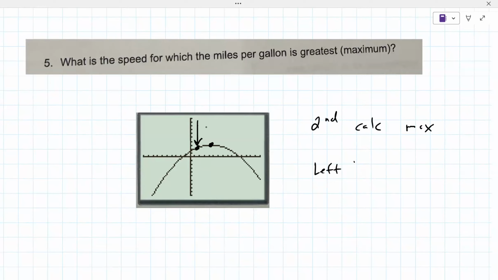Somewhat far away, not too far. You're gonna hit enter. Then it's gonna ask you for the right bound. Make sure it's right of it. We're gonna do it together. And then it's gonna say to guess. You just stay right where you're at. You're gonna hit enter. It'll make more sense when we do it.